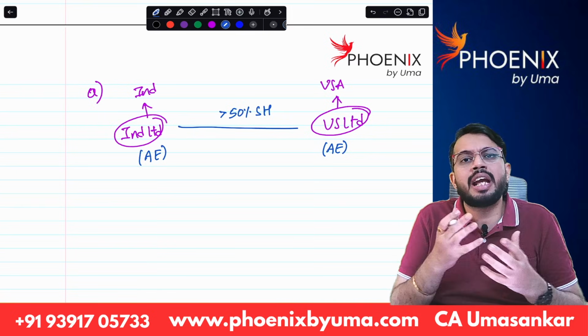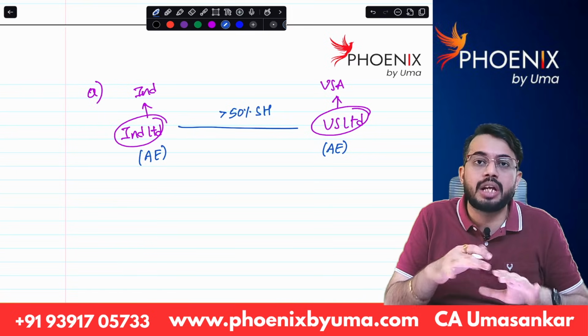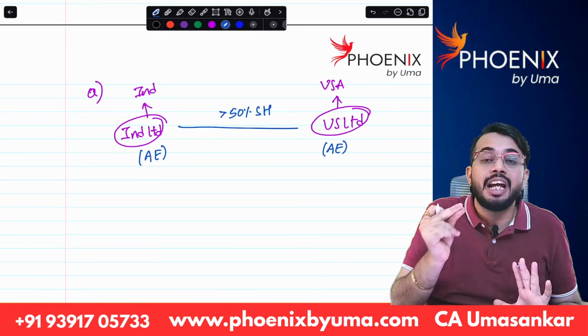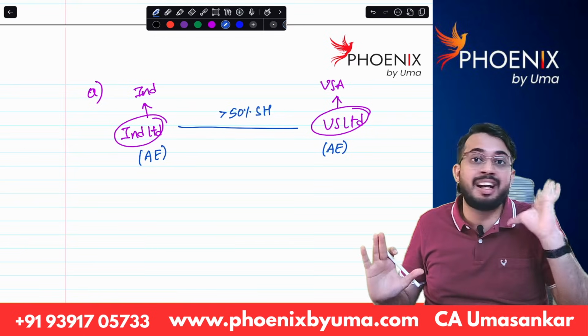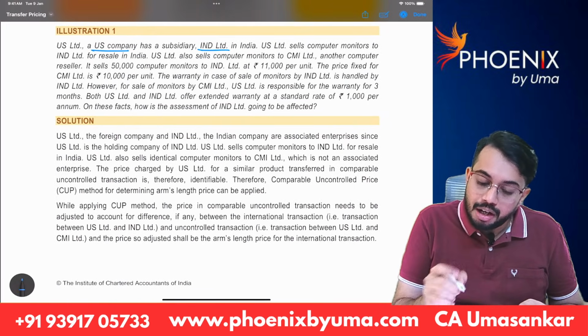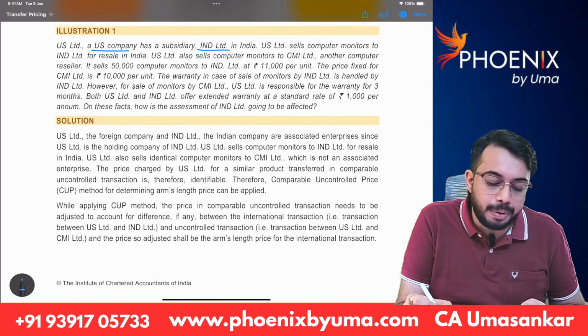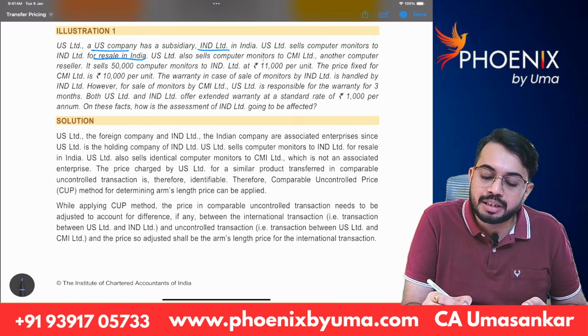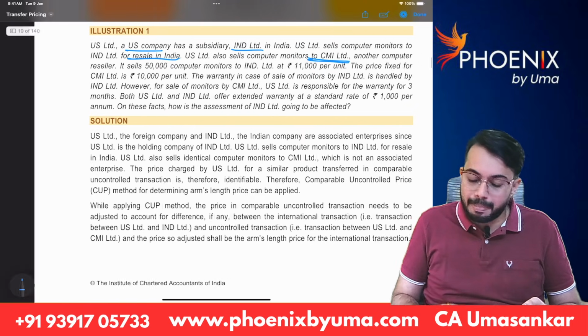Initially, it will take time to plot the information, but if you do writing practice of problems on a daily basis, it becomes very easy to tackle direct tax problems. Okay, next. US Limited sells computer monitors to IND Limited for resale in India and also sells monitors to CMI Limited.